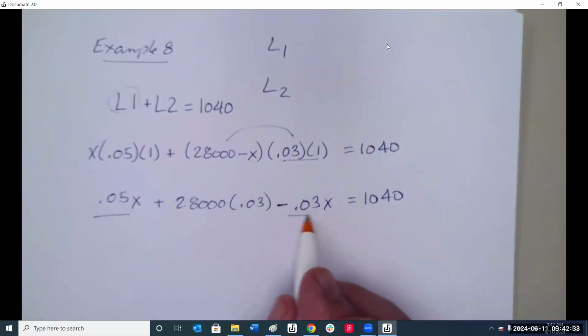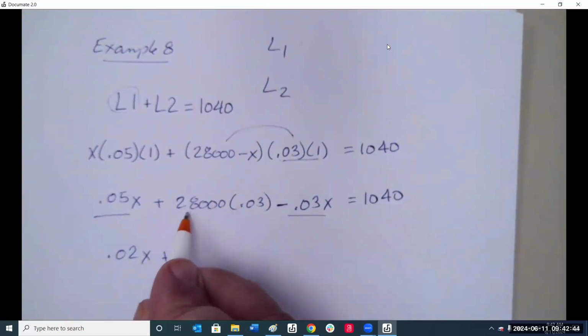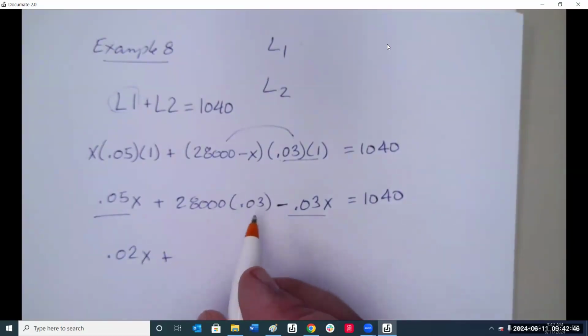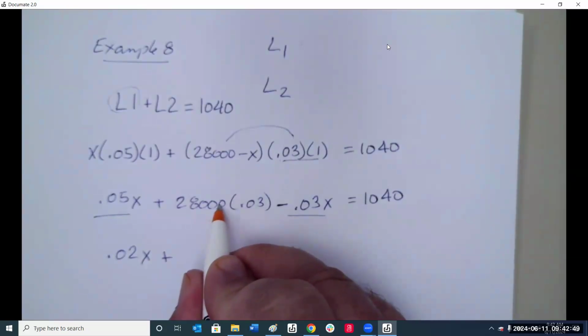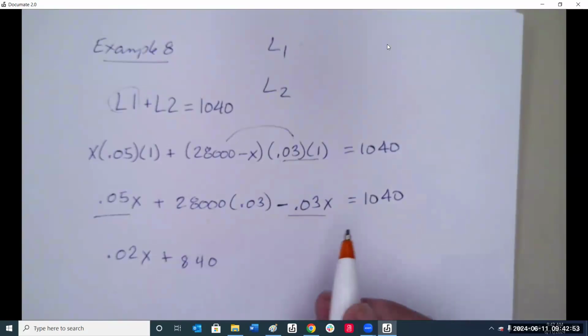Combine like terms. 0.02x. 28,000 times 0.03, we know we can get rid of the zeros. So it's 840.